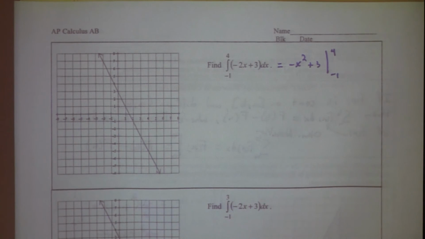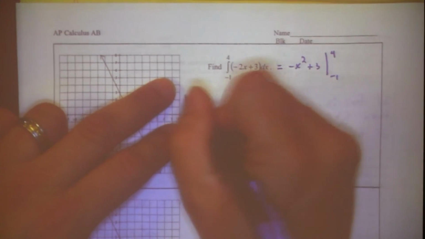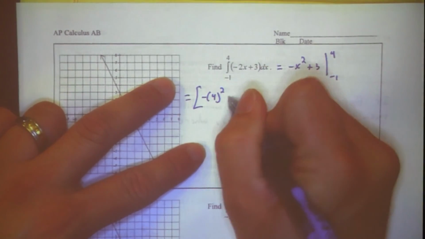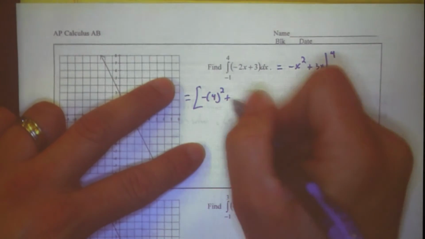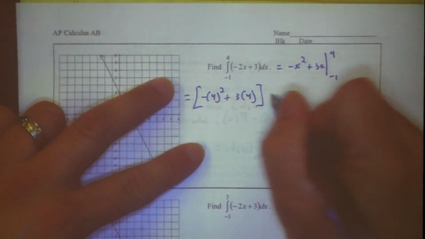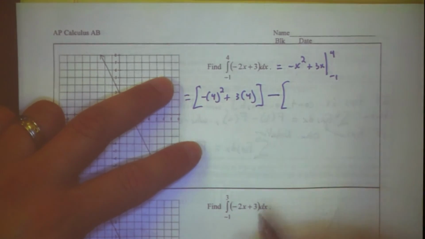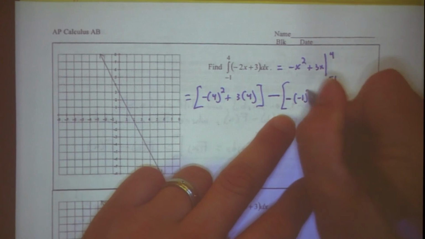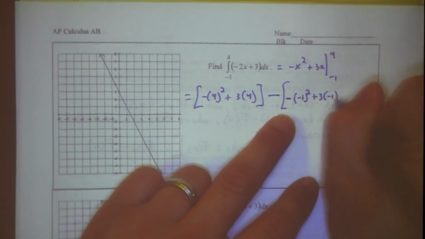Which one do I plug in first? 4, right? The b. So we're going to get negative parentheses 4 squared plus, I forgot the x there, 3 times 4, right? Minus, plug in the second number, so negative 1 squared plus 3 times negative.